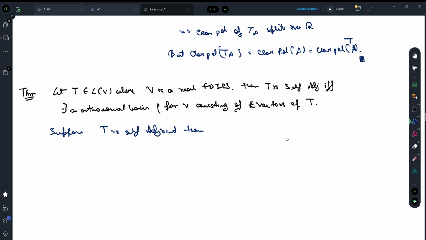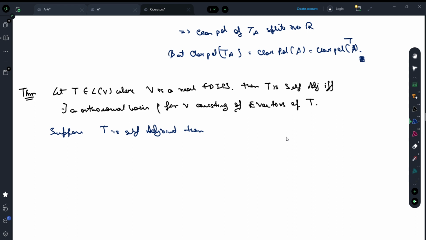Then there exists an orthonormal basis such that the characteristic polynomial splits, to give that the matrix of T with respect to beta, which is the orthonormal basis, is upper triangular, right?